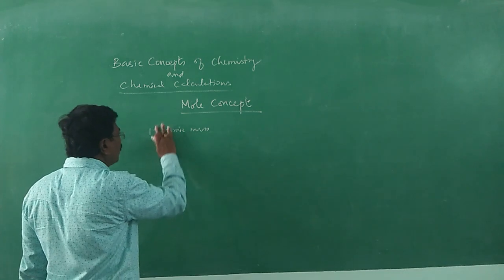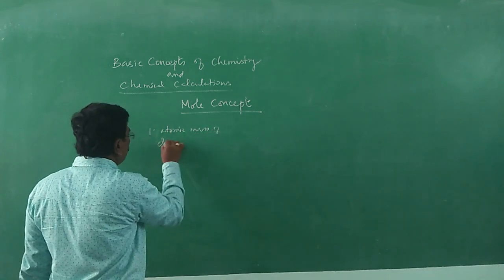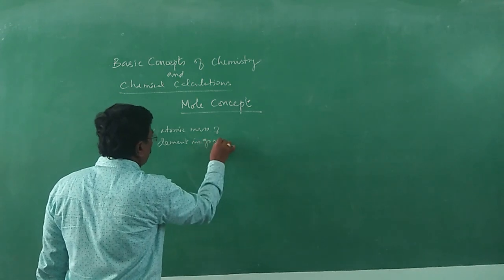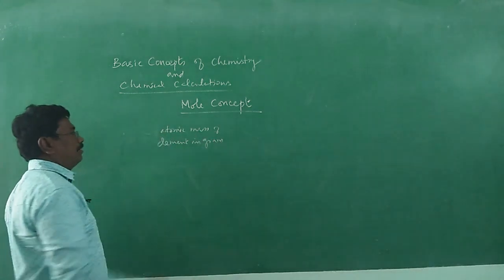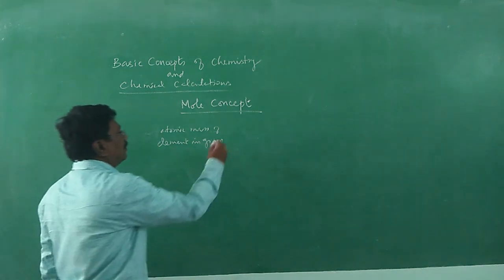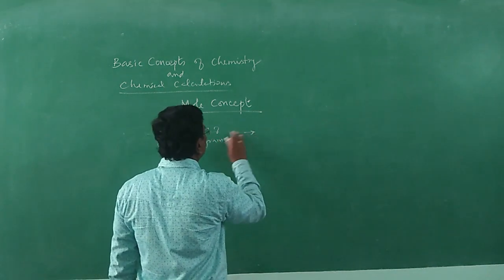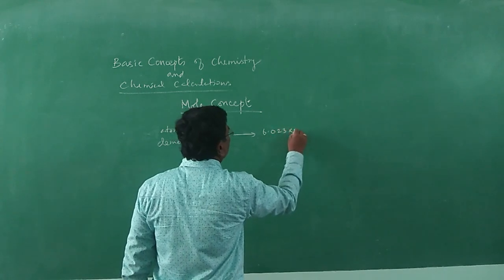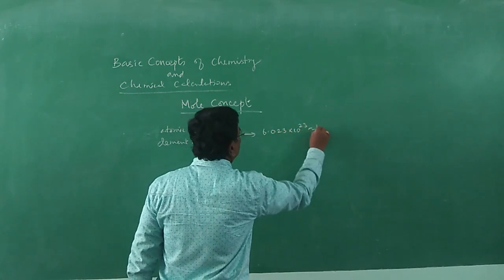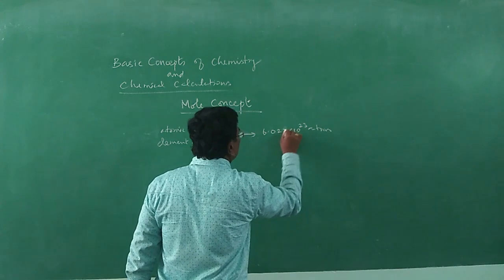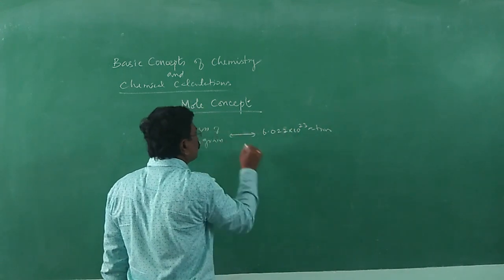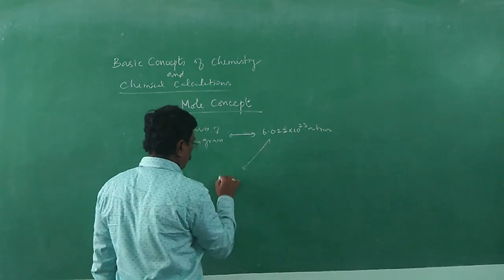Atomic mass of an element in gram is said to be gram atomic mass. It will contain Avogadro number of atoms, 6.022 into 10 power 23 atoms. These many atoms put together we call 1 mole.